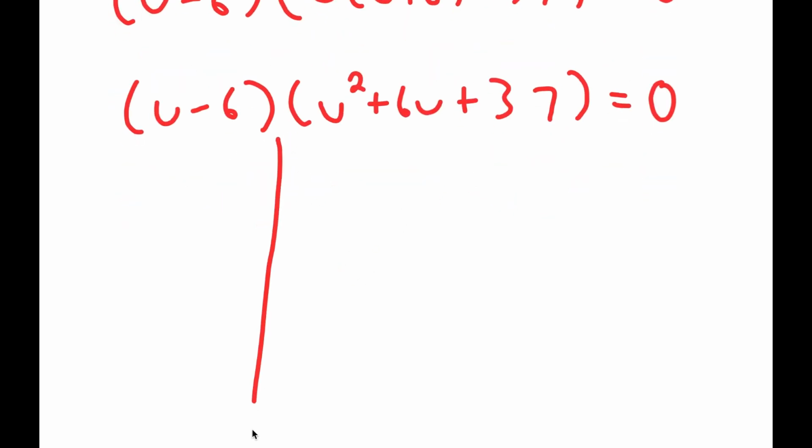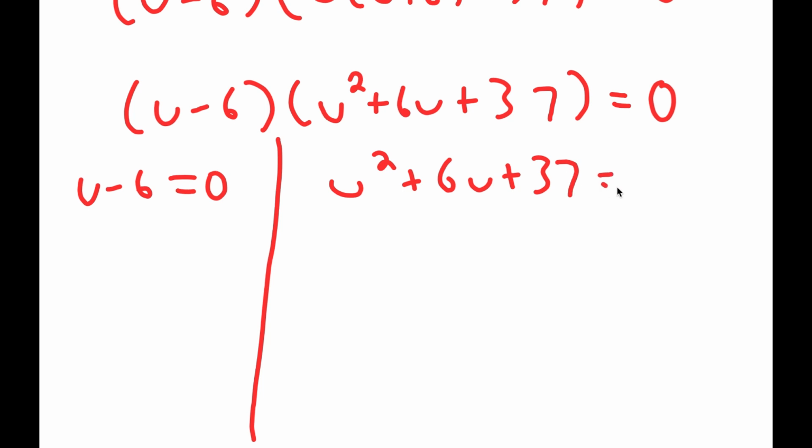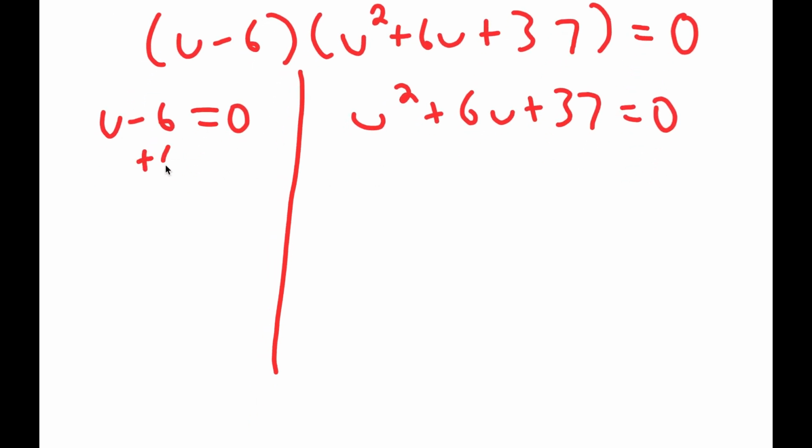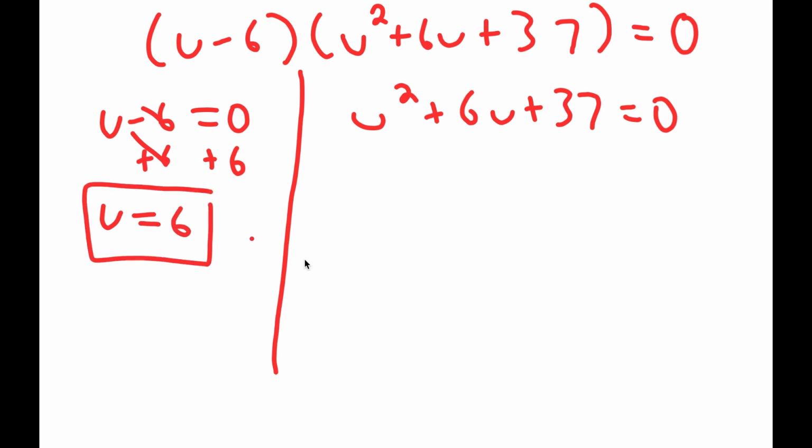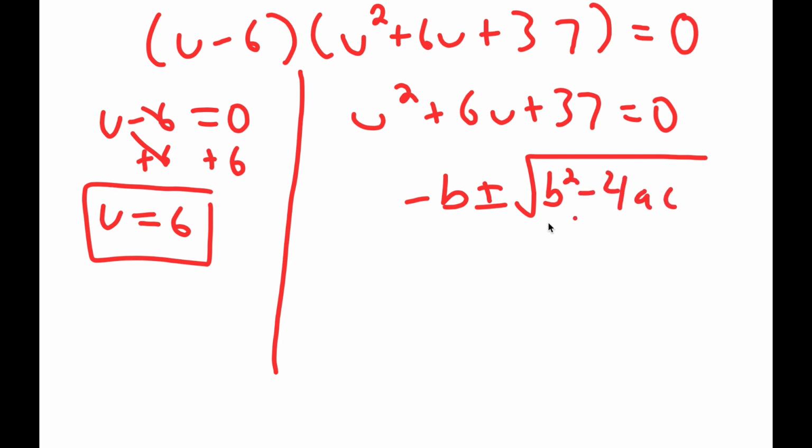So now this gives me two equations. I get u minus 6 is equal to 0, and I get u squared plus 6u plus 37 is equal to 0. So for u minus 6 equals 0, I can add 6 on both sides, so I get u is equal to 6. And for u squared plus 6u plus 37 equals 0, we can use the quadratic formula, which is negative b plus or minus the square root of b squared minus 4ac all over 2a.